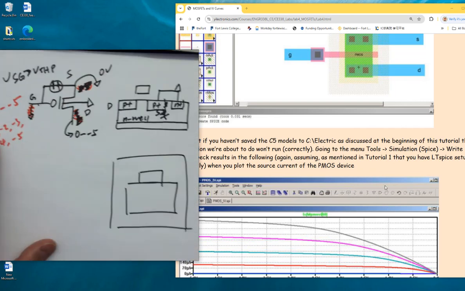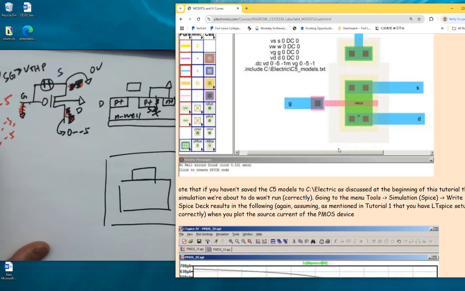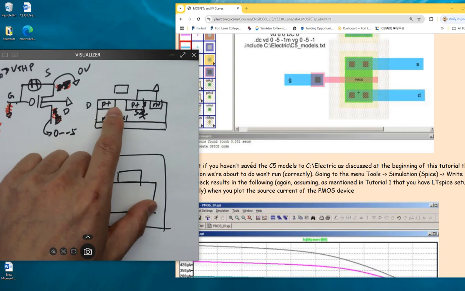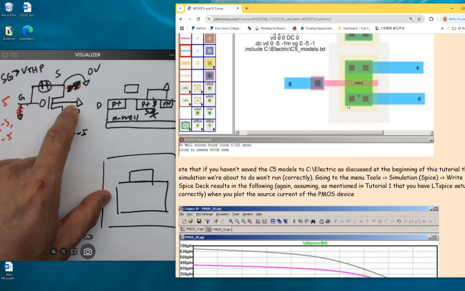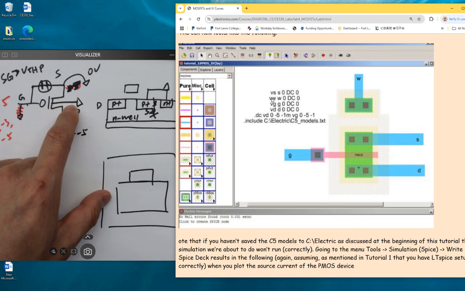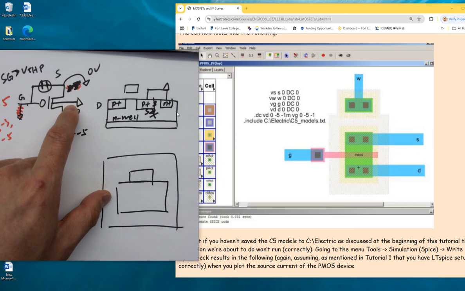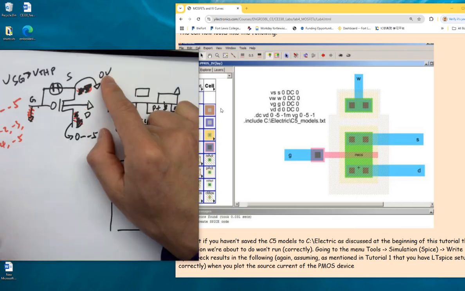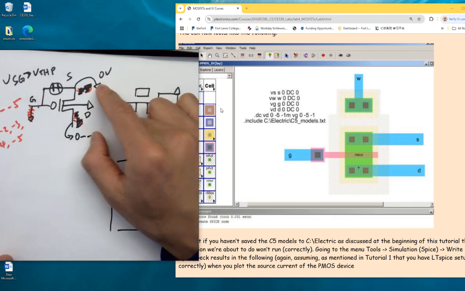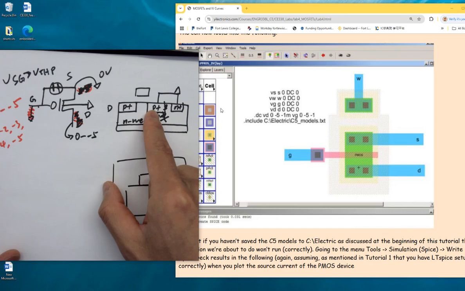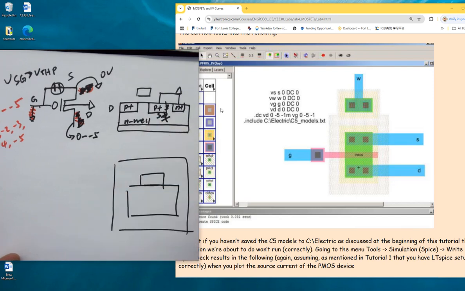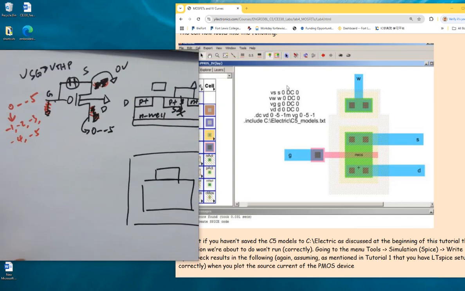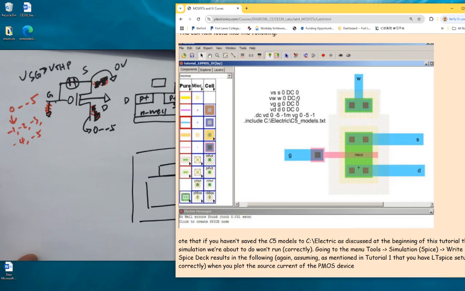Okay, and if you look at here one more time, the body is also shorted to ground because the SPICE code here is VW equals 0, which is also fine because 0 becomes the highest potential in the circuit. So we are not forming any forward biased diodes between the P plus and N well. We'll repeat this in the future if you don't get it now, which is fine.